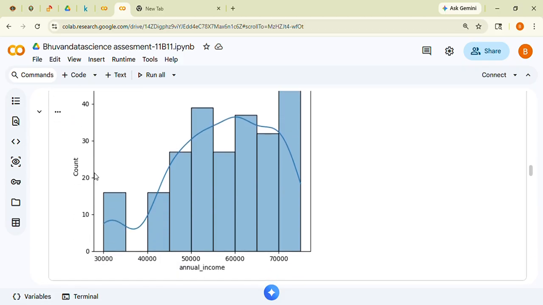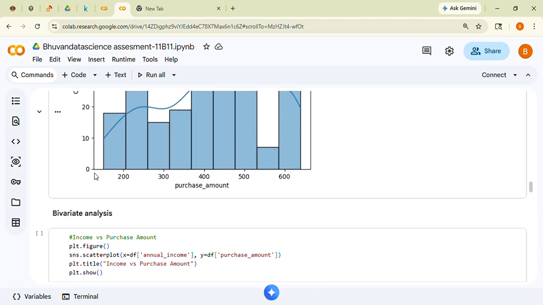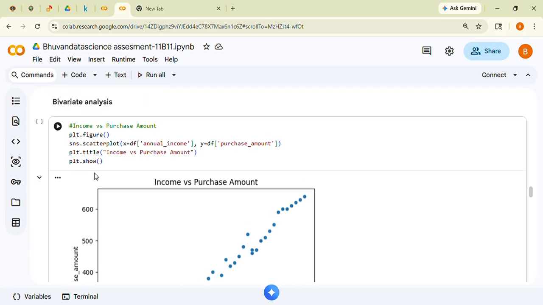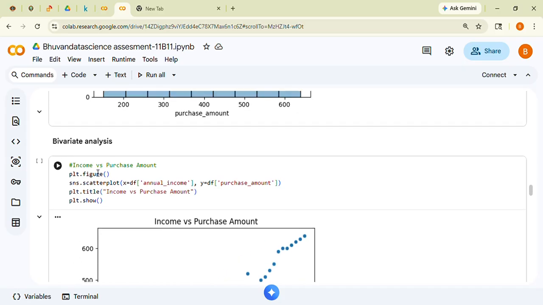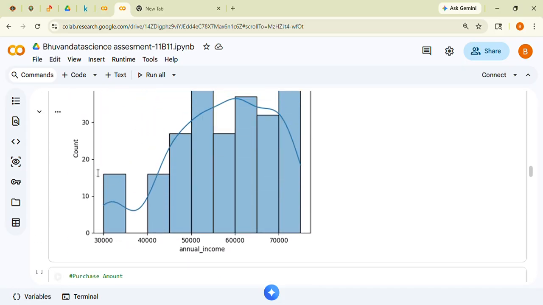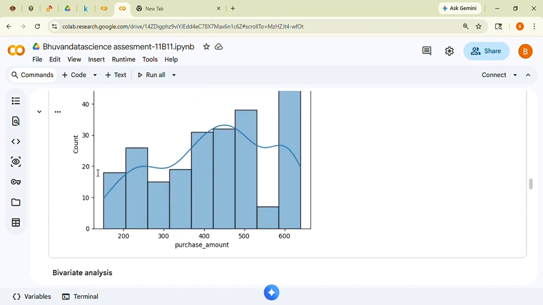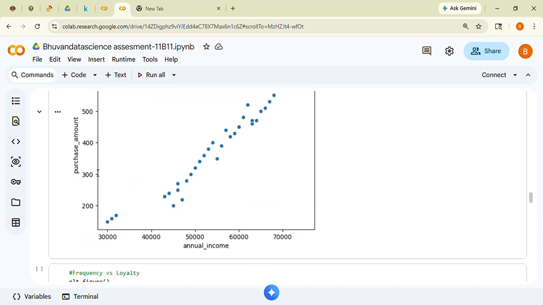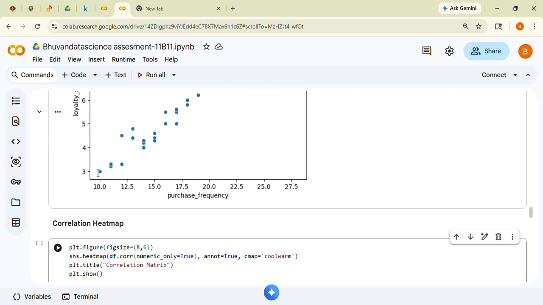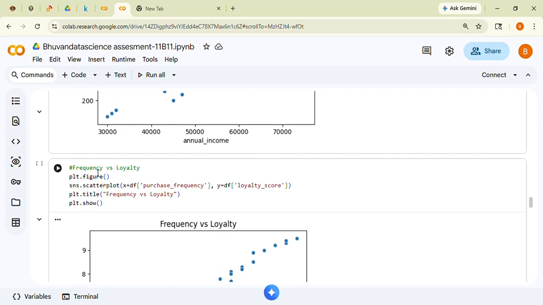When I plotted the purchase frequency versus loyalty, like this, I performed univariate analysis, and then we moved on to bivariate analysis. In that, income versus purchase amount and purchase frequency versus loyalty were plotted.